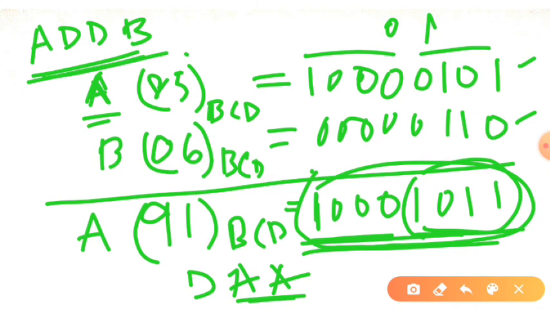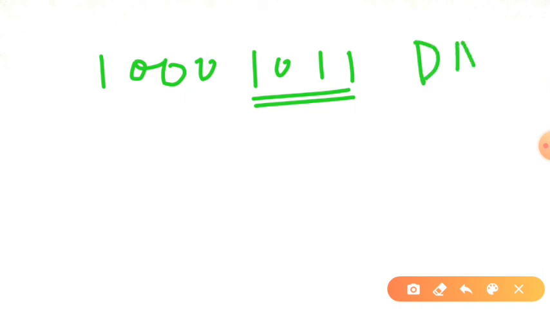So let us understand this. So the result was 1000 1011. So obviously, if you see, the lower order 4 bits are greater than 9. So what will the DAA instruction perform? It will add 6 with this particular number. So 6 means 0110 will be added with this.